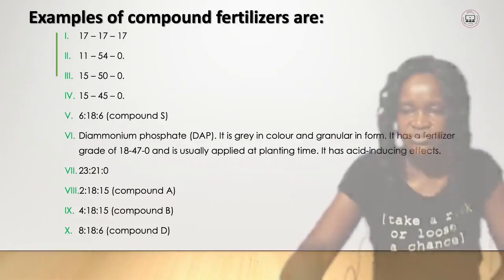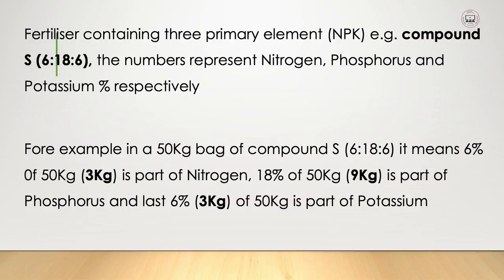So you might tend to wonder, what are these figures? Remember, we're saying fertilizer containing 3 primary elements, e.g. compound S, like 6-18-6. These numbers represent the 3 primary major elements as already indicated.